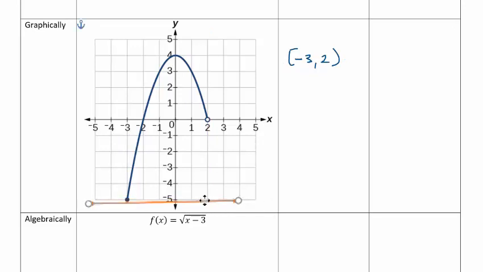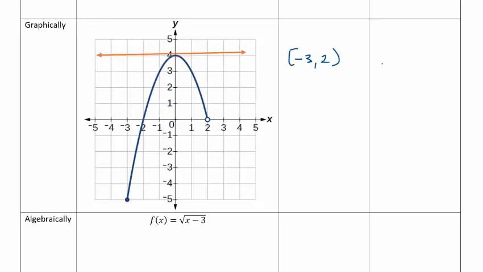We'll use a similar technique for finding the range. Now I have a horizontal line that we're going to run up the graph. So starting as low as you can get, we see that the first y value, based on the first point that the line intersects, is -5. And then the last y value, based on this maximum point of the graph, is 4.